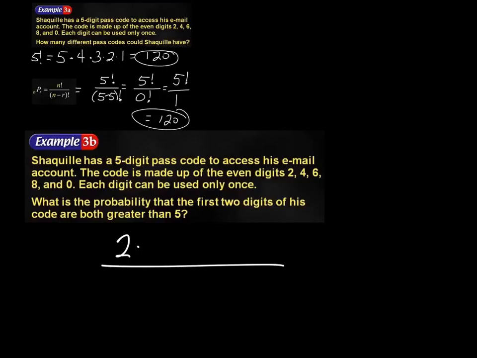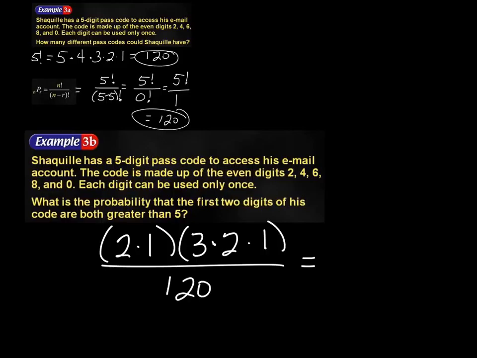So if I use one of them, then I have one left. And then I need 3 more digits, so I have 3 digits left that are less than 5. Once I've used one of them, I need to subtract 1, and our total sample space was 120. When we multiply, 2 times 6 is 12 over 120. Probability is still favorable over total, reduce, and we get a probability of 1/10.